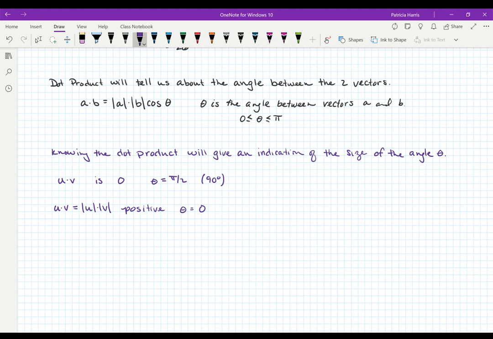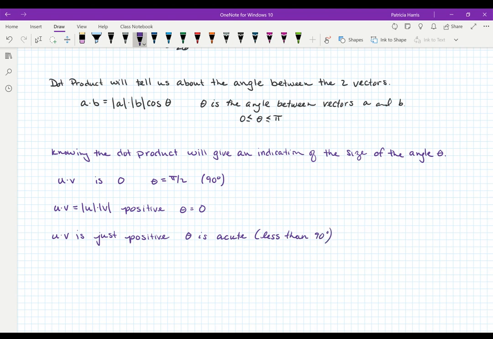Okay, if u dot v is just positive, then theta is acute, or less than 90.